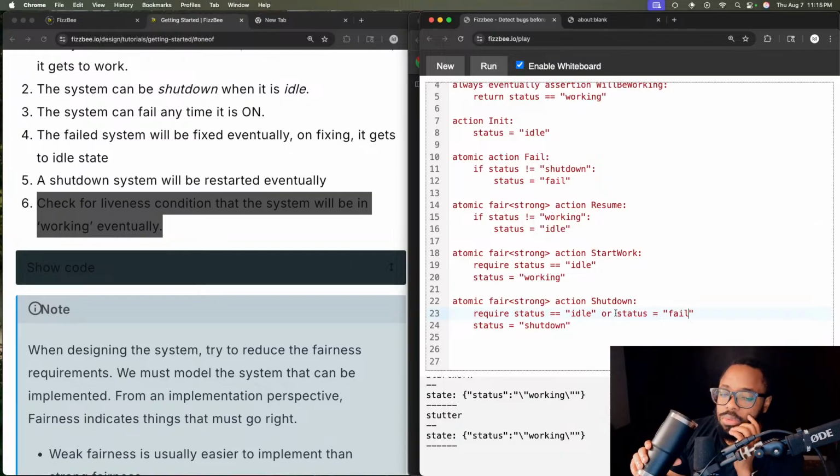This is enabled as long as status is idle. So I don't think that change actually makes a difference.